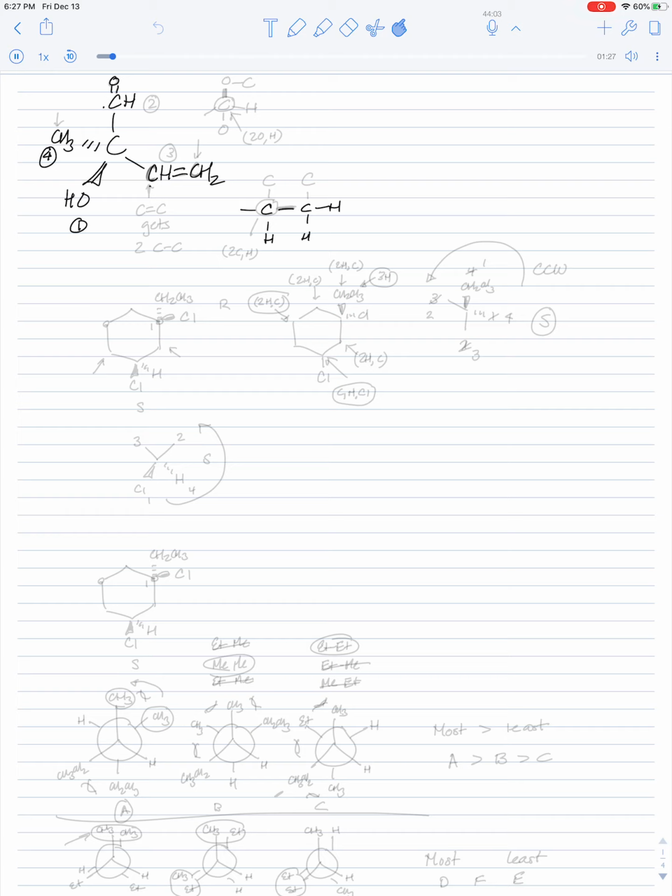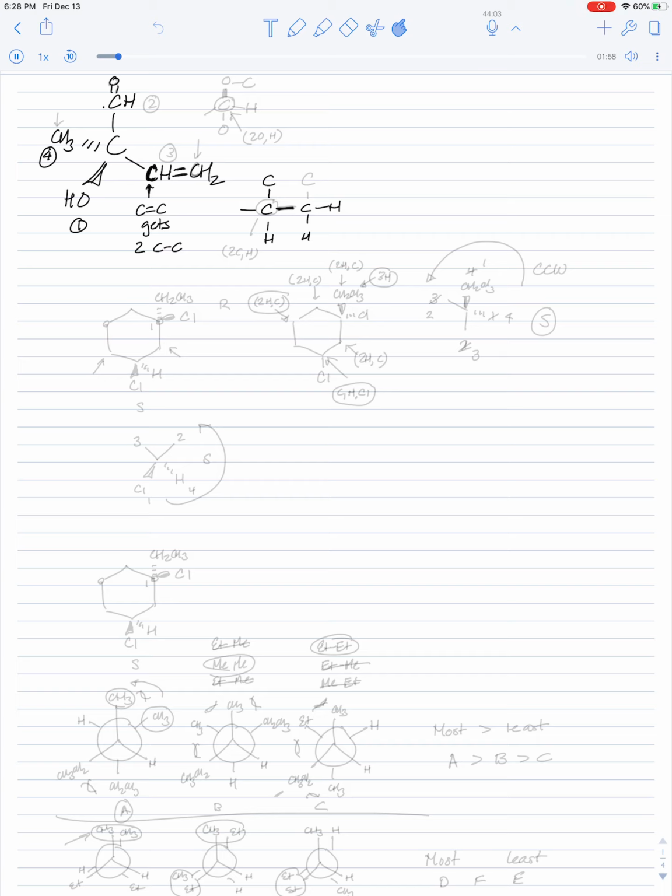So now I'm going to replace this carbon-carbon double bond from this carbon's perspective right here. I'm going to look at the double bond from that carbon's perspective, which means I need to give it 2 carbon-carbon single bonds. So that CC double bond is going to get 2 CC single bonds. The first CC single bond is here. The second CC single bond will be there.